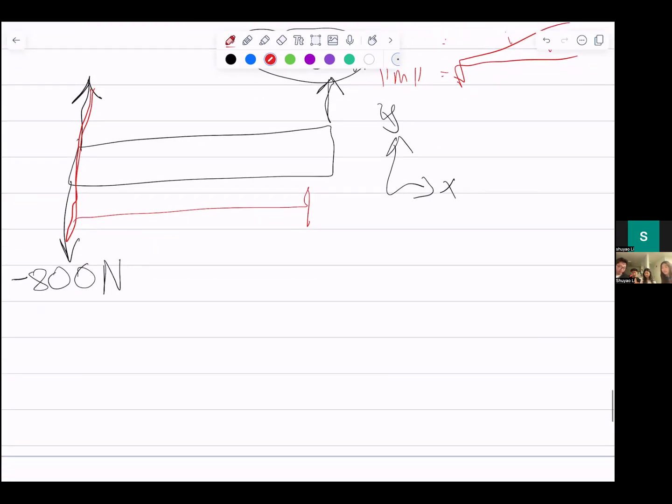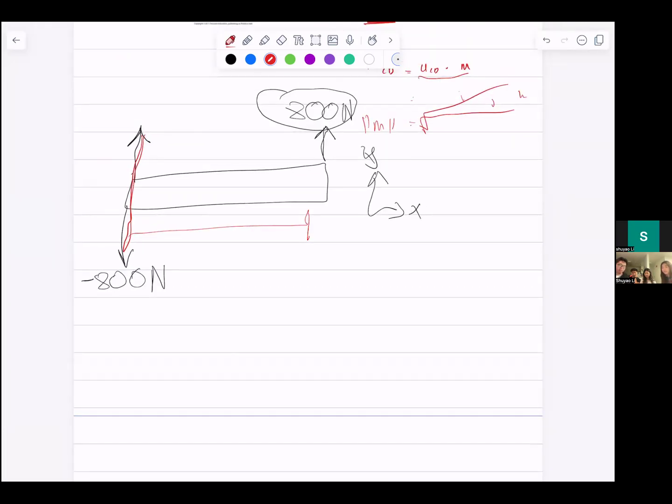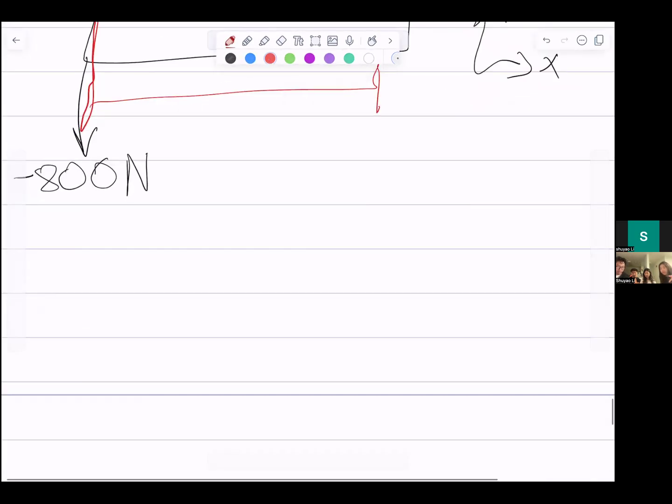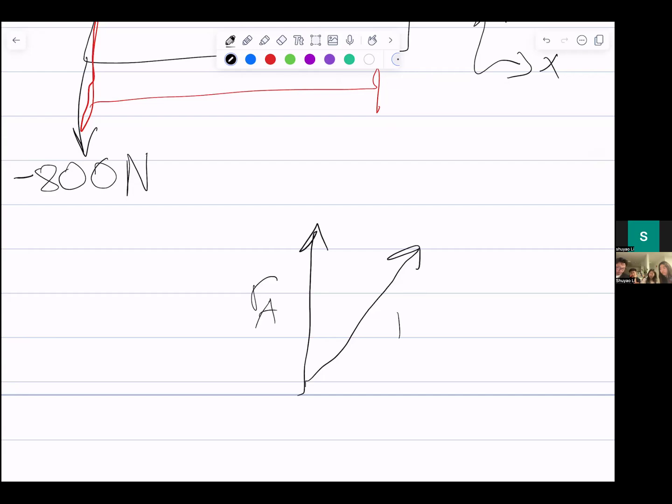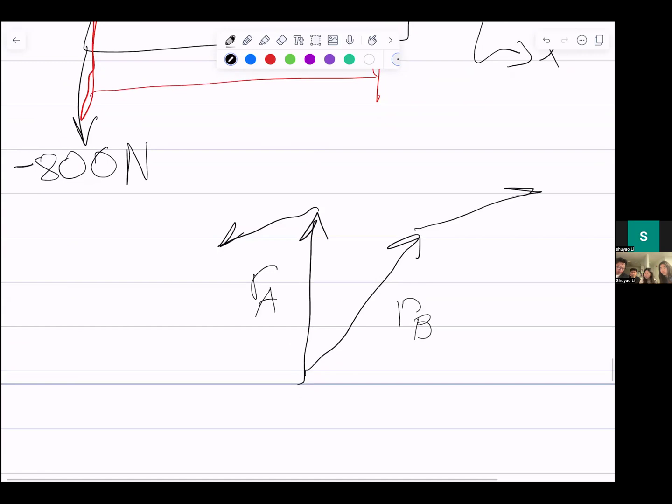Another thing about this lecture is the moment of a couple. Let's say you had a vector here and a vector here, with the force couple going in opposite and equal directions. Say you wanted to take the moment; they create a resultant distance between each other.